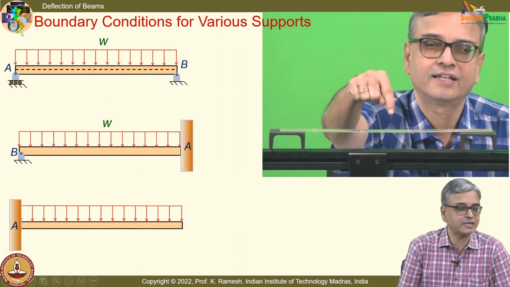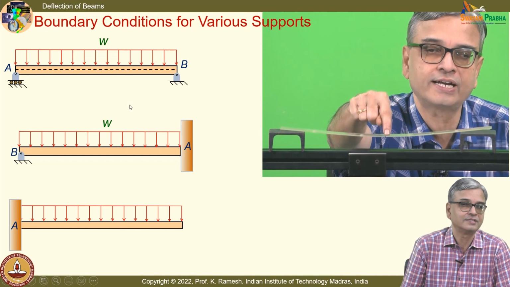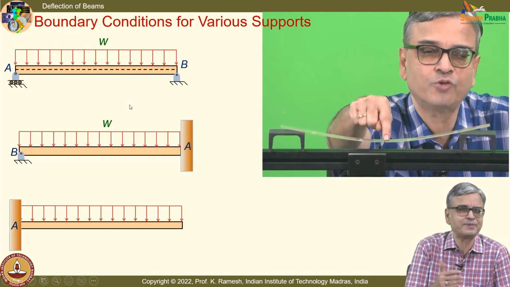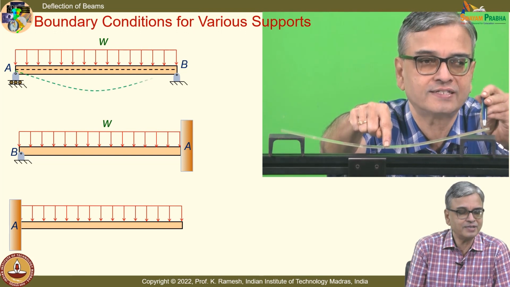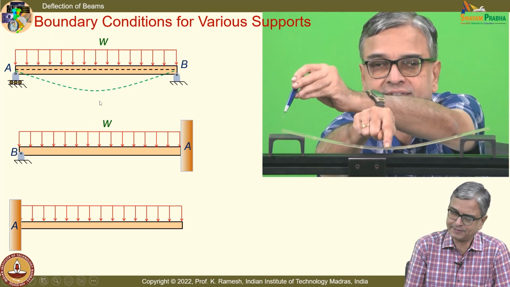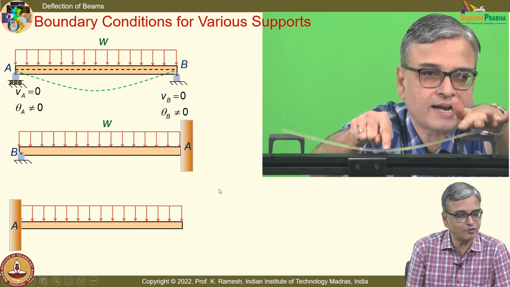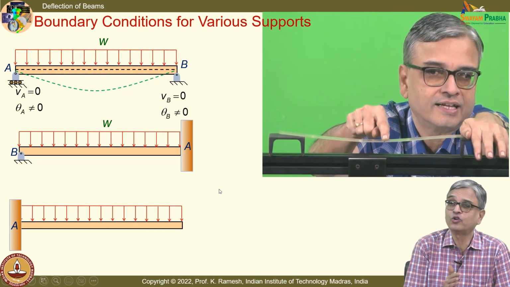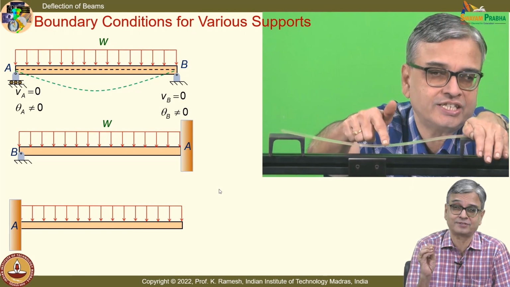Suppose I have, instead of a concentrated load, a distributed load. The distributed load disturbs the beam very lightly. Okay. So, you will have the similar displacement, but the magnitudes can be smaller. So, the idea is, you should not get worried about the nature of load. You should worry about how to handle the support.